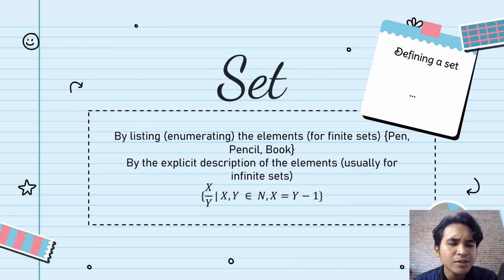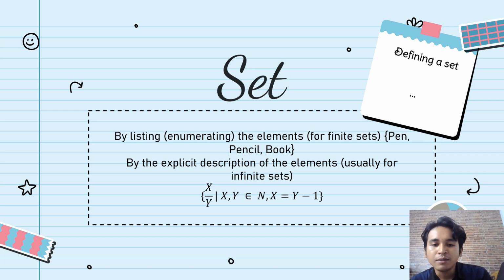Okay, what do you think about set? The set is a collection of objects with the same type, like a set of numbers 1, 2, 3, and a set of stationery like pen, pencil, book. Now, by listing or enumerating the elements, for finite sets, the example is pen, pencil, and book.